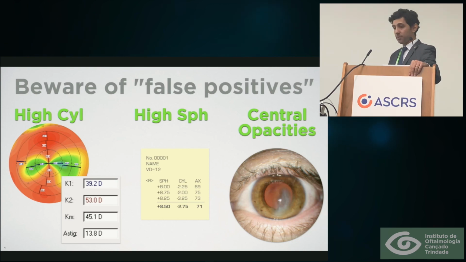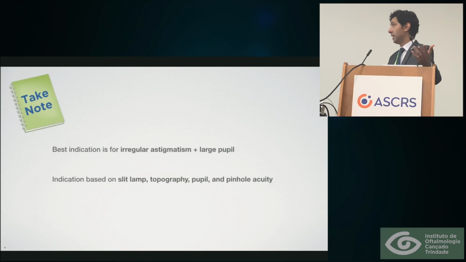And we might get very excited with a preoperative pinhole acuity, but these patients will not reach very good vision. So it's better to do something in the cornea, try to get rid of this opacity, to then even consider it again if you're left with a high irregular astigmatism. But this is something important to take note.